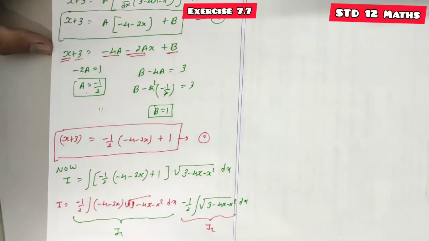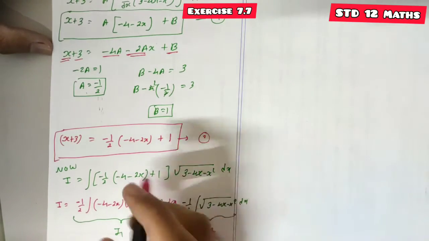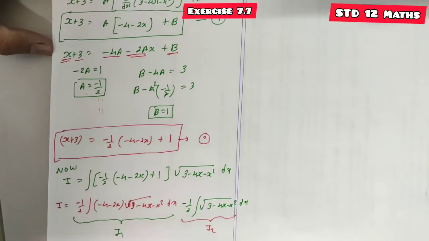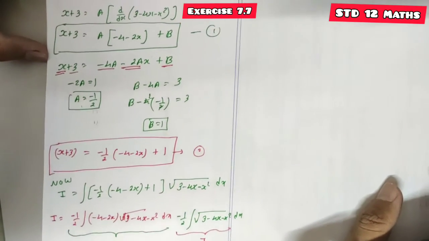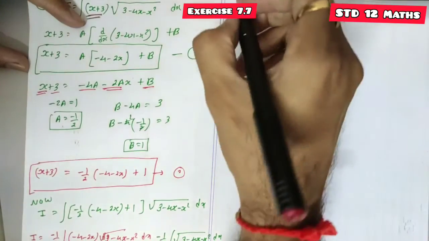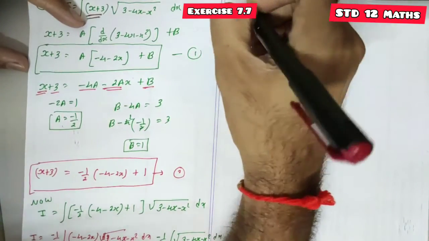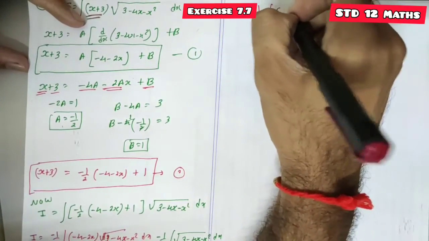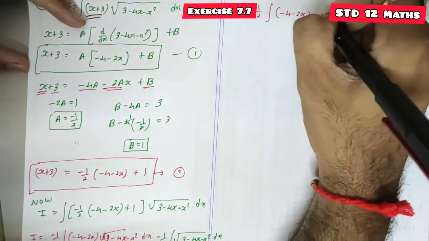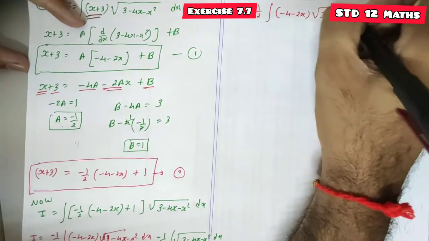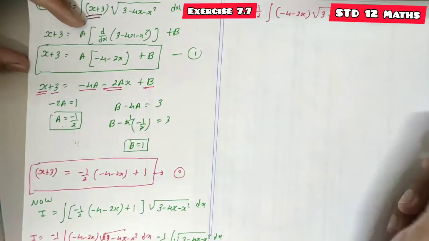So finding this integration I1 and I2 separately. So first I am writing this I1. So I1 is minus 1 by 2 integration of minus 4 minus 2x into square root of 3 minus 4x minus x square dx.